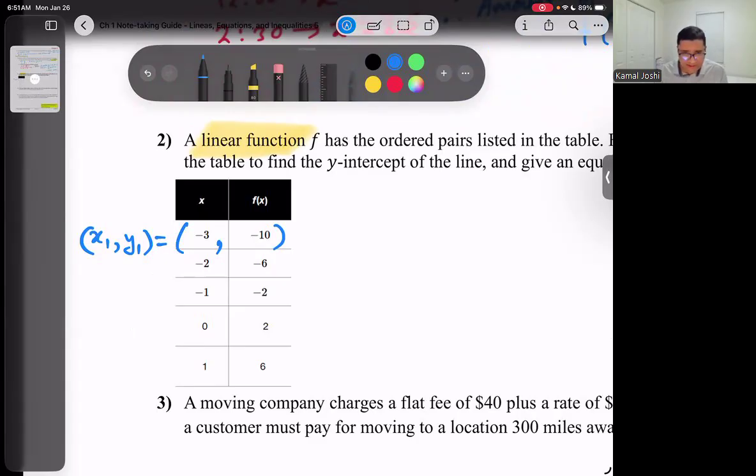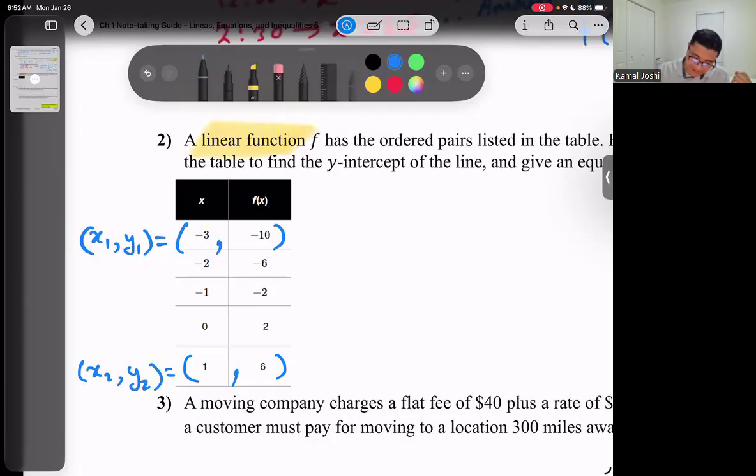And which one can I take as second point? Anything. Just for fancy, I'm going to take the first and the last. You could have taken any other point, doesn't matter. And I call that x2, y2, because that is the beauty of a line, right? The slope should remain the same no matter which 2 points you take.